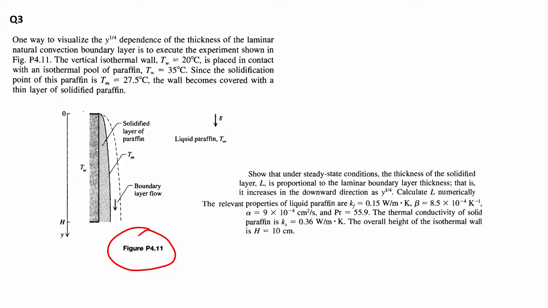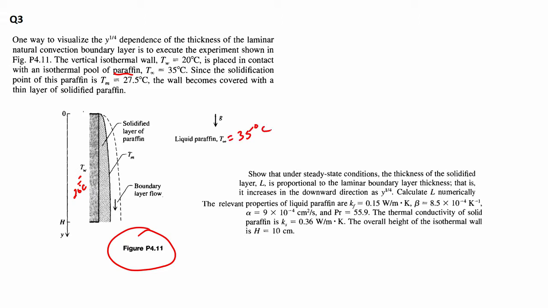What we have is a vertical isothermal wall which has a temperature Tw equal to 20 degrees Celsius, that is the wall. It is placed in contact with an isothermal pool of paraffin. Paraffin is like wax, and T infinity is equal to 35 degrees Celsius.